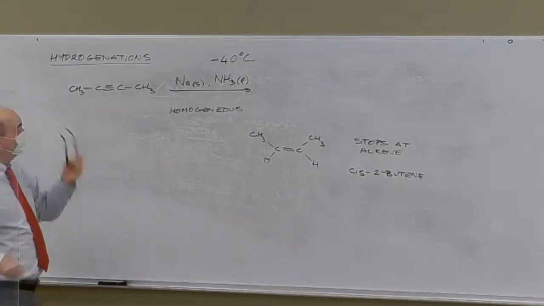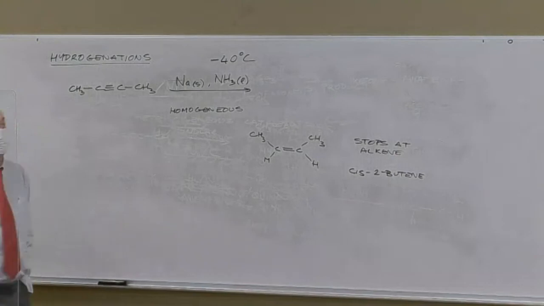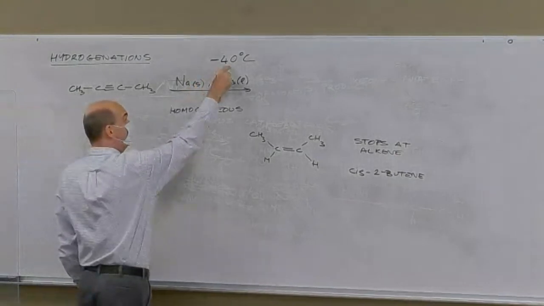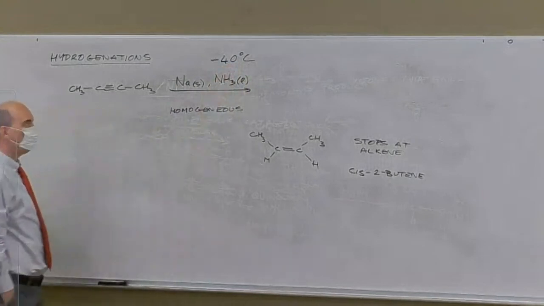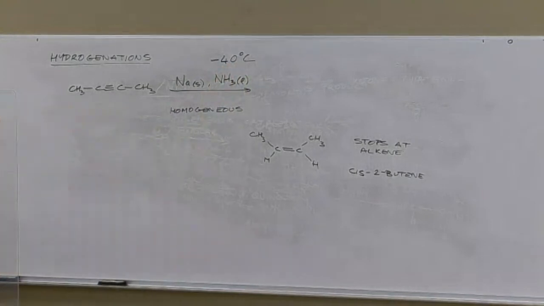All right, so to get the ammonia to be a liquid, you're going to need it to be this cold, which means using liquid nitrogen to cool this thing down. Turns out ammonia is a really good solvent, but it's difficult to use because you have to use it cold.